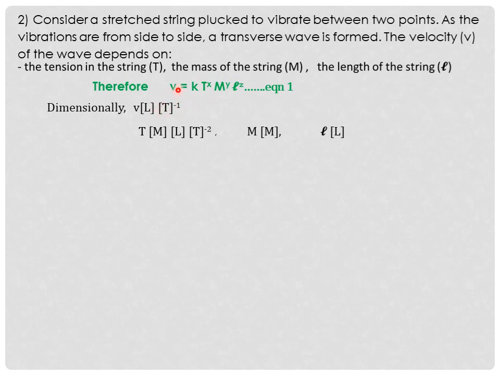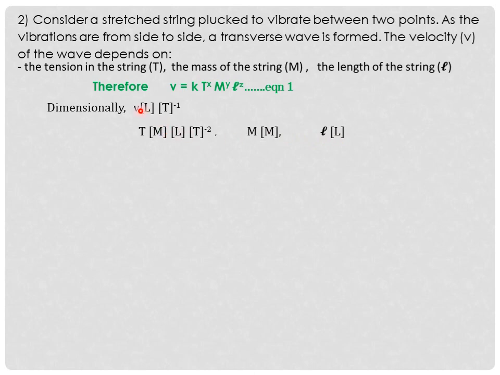The dimension of speed is L t to the power minus 1. The dimension of tension, tension is a force, is m L t to the power minus 2. The dimension of mass is m, and the dimension of length is L.